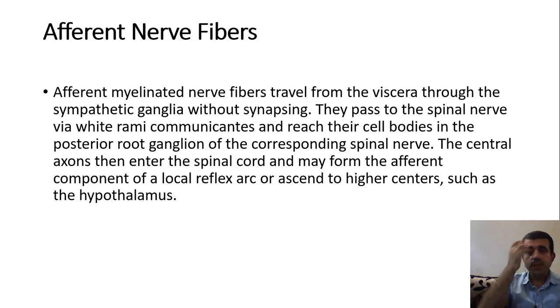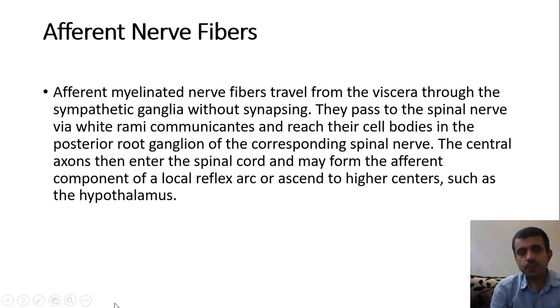They pass to the spinal nerve via white rami communicantes and reach their cell bodies in the posterior root ganglion of the corresponding spinal nerve. The central axons then enter the spinal cord and may form the afferent component of a local reflex arc, or ascend to higher centers such as the hypothalamus.